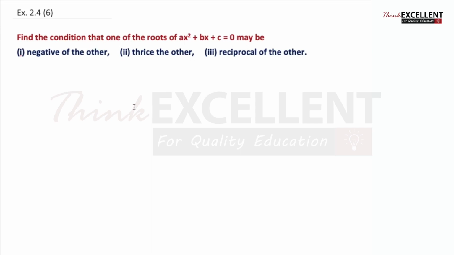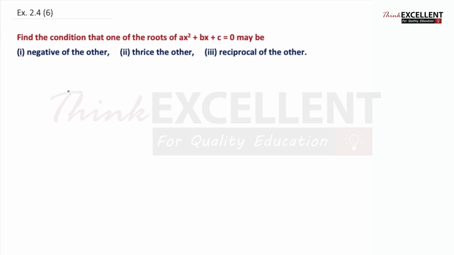One root is twice the other, so alpha and 2 alpha. That I explained how to take. So here one root is the negative of the other, so one is alpha, another one is minus alpha. One root is thrice the other, alpha and 3 alpha. One root is the reciprocal of the other, alpha and 1 by alpha. That's all. Now let us see what's the condition. You will get some condition in a, b, c.